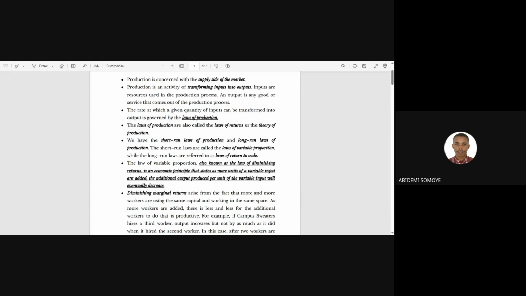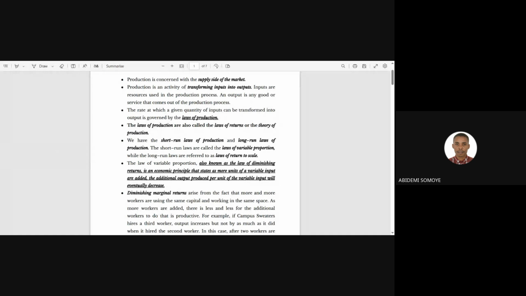All right. So the laws of production are also called the laws of returns or the theory of production. So we have the short-run laws of production and the long-run laws of production.